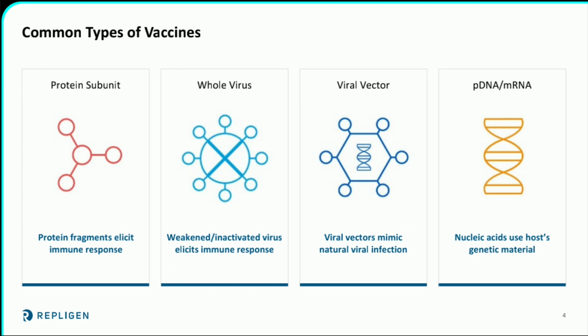And instead of hijacking the host cellular machinery, you can use it to mimic a natural viral infection. And lastly, you have your nucleic acids, such as plasmid DNA or mRNA, which can be used to provide your cells with instructions to trigger an immune response as well.